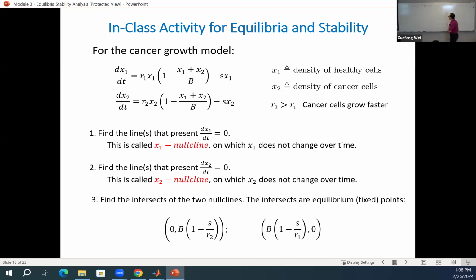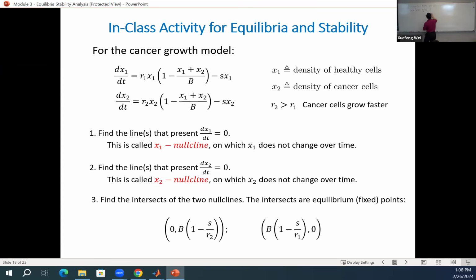This has to equal 0. I'm going to just take x1 out. So this will be x1 times r1 times 1 minus (x1 plus x2) over b, minus s. This x1 is already multiplied.